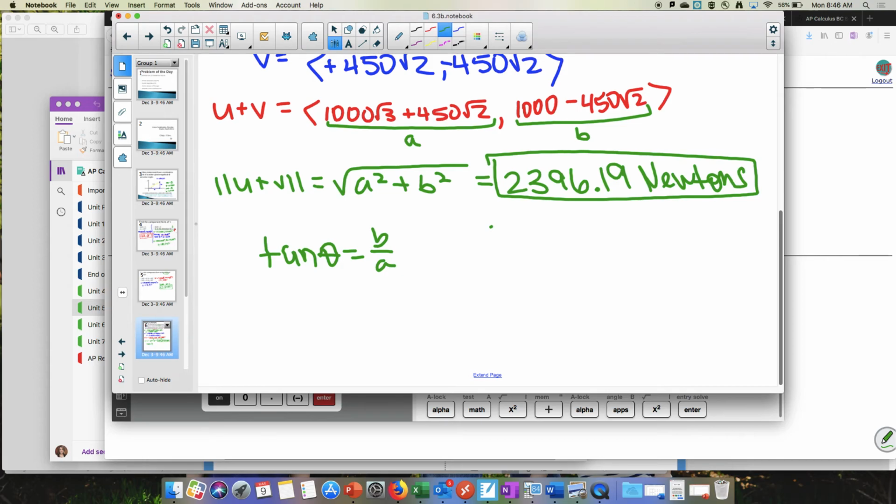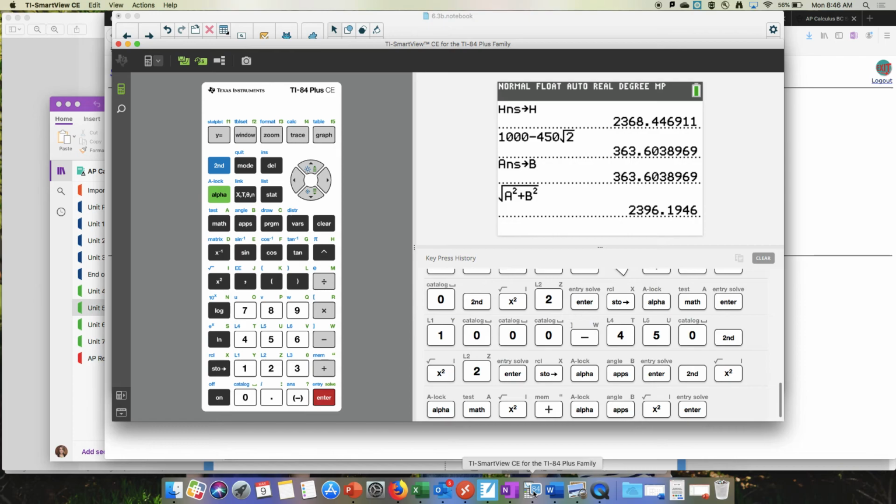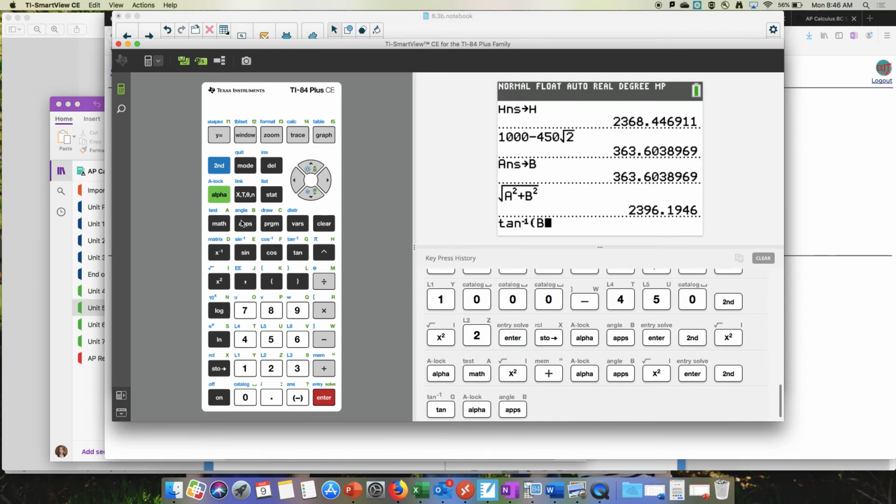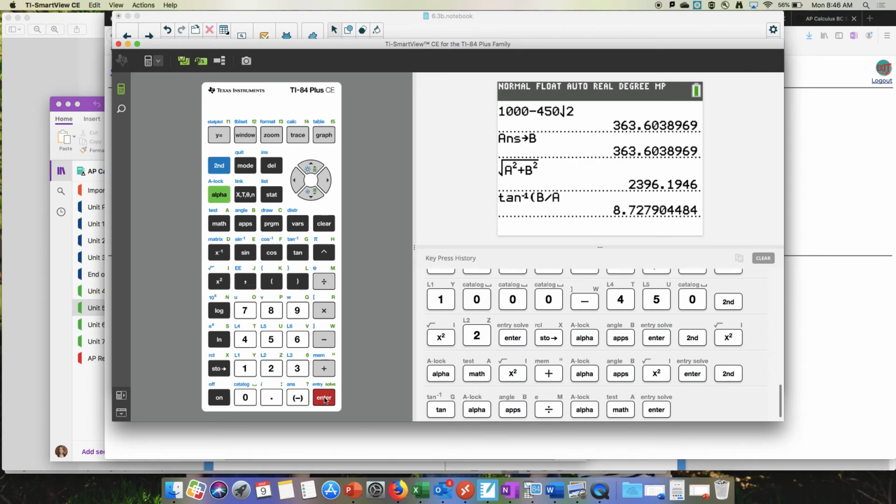So we should have a first quadrant angle. That's going to be fine. So in our calculator, we can take the inverse tangent of b over a, and that actually is the angle that we want, 8.73 degrees.